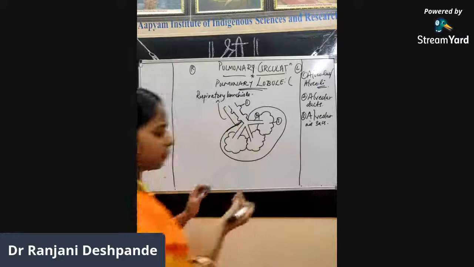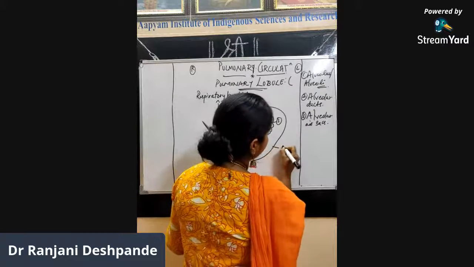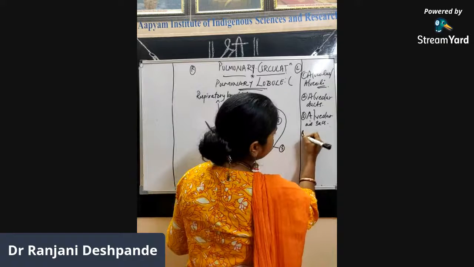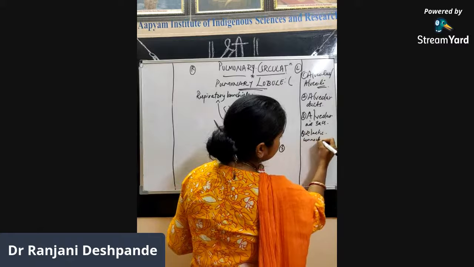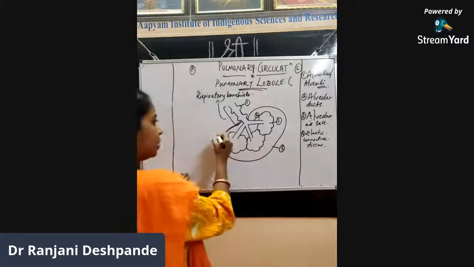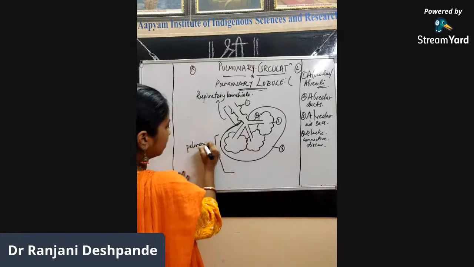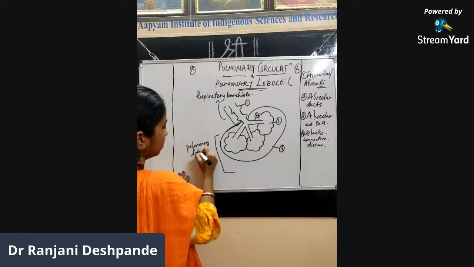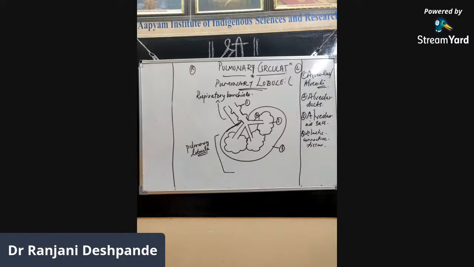So each of these pulmonary lobules is covered by elastic connective tissue. From here downwards, this is what is called the pulmonary lobule.